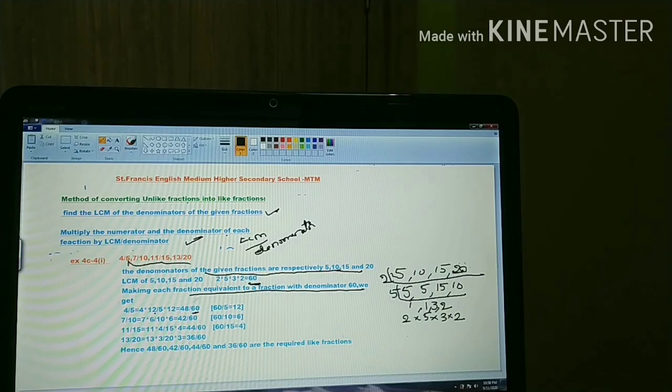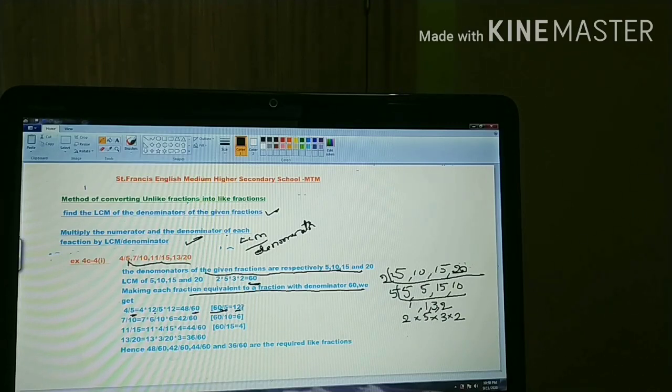What is the LCM here? 60. We divide 60 by the denominator, which is 5. What are we getting? 12. 5 twelves are 60.